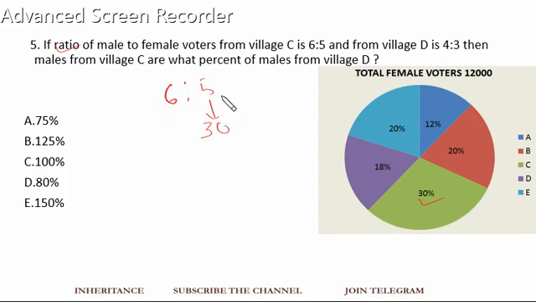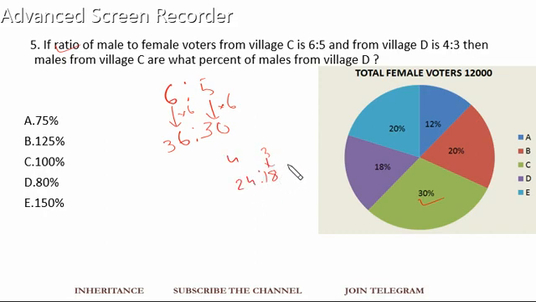If 5 is 30, then 6 multiplied by 6 would be 36. So if female is 30, then male should be 36 in village C. And for village D, 18 with ratio 4:3: if 3 is 18, then 4 is 24.